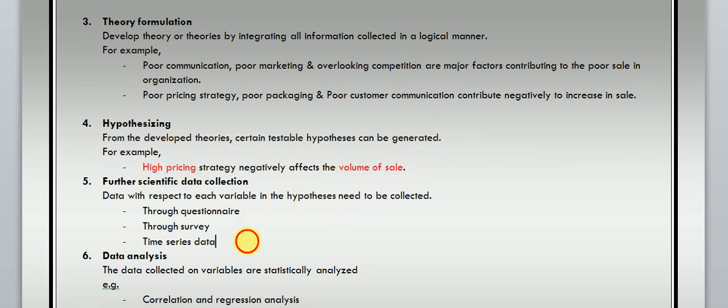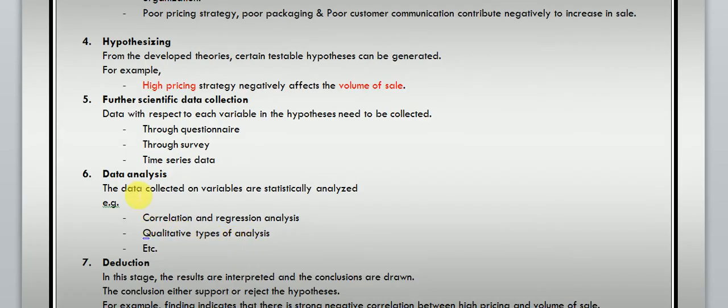Next, dear students, is data analysis. Once you have collected the data on these two variables, high pricing, which is the independent variable, and sales volume, the dependent variable, you should perform some analysis. The data collected on the variables is statistically analyzed. You may use some quantitative method where you check the correlation between these two variables, or regression analysis.